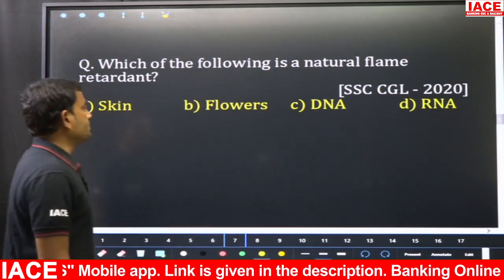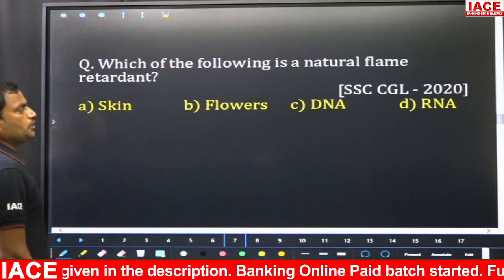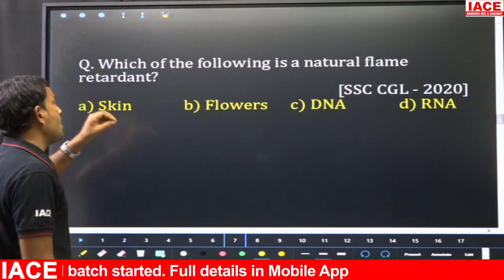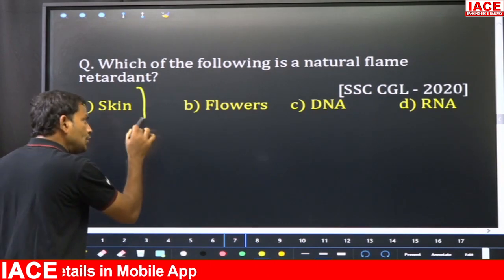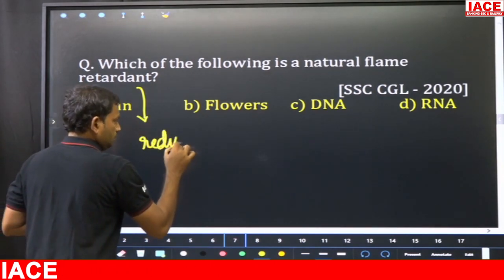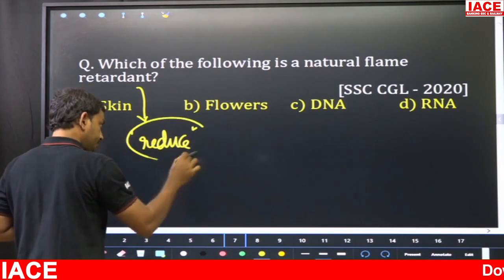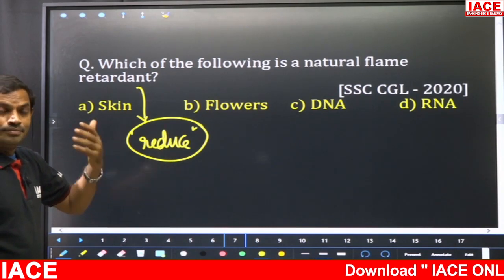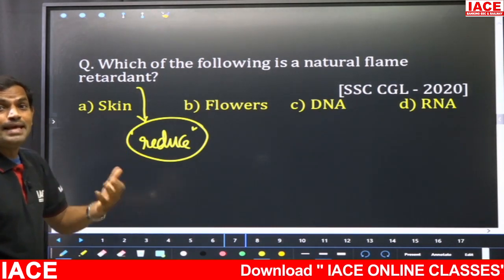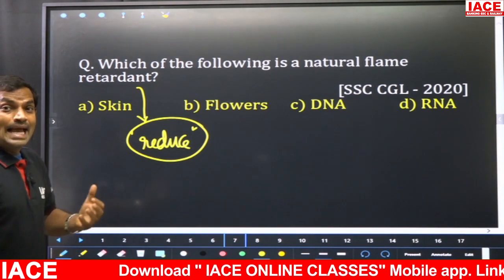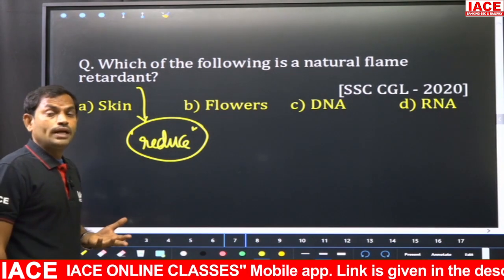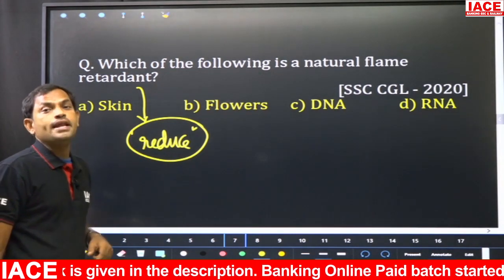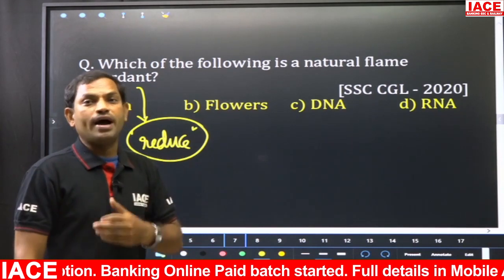Now, the explanation regarding this. Option A, skin, option B, flowers, option C, DNA, option D, RNA. Here, a natural flame retardant means something which can reduce the flame, so that the intensity of burning can be reduced, or the concentration of gases that support burning may be reduced, so that we can stop fire.